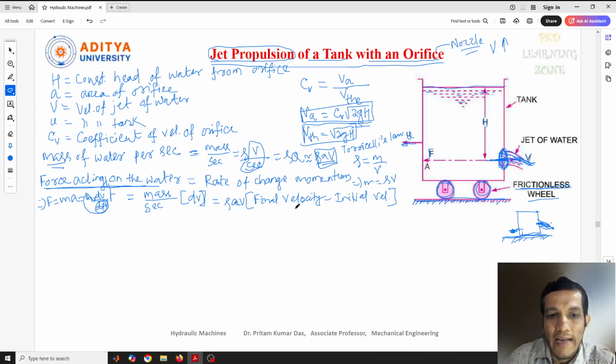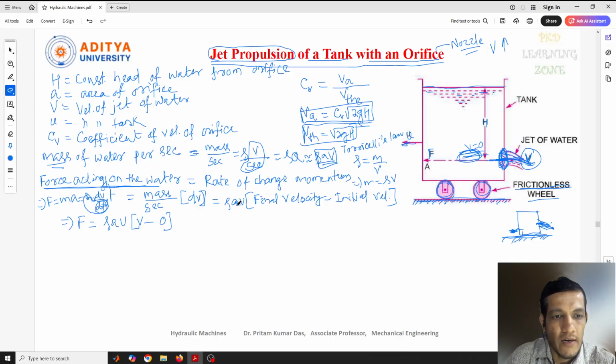Now, what are the initial and final velocities? The final velocity is the velocity of the water coming out here. And the initial velocity is the velocity of the fluid present in the tank. In the tank you can see there is no movement of the fluid, so the velocity is 0. So the force equals rho A V into the final velocity, which is V, minus the initial velocity, which is 0 here.